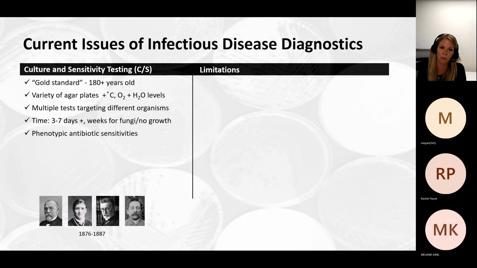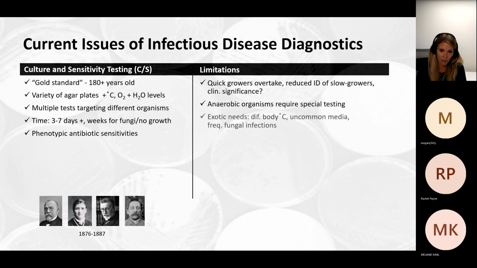The turnaround time depends on which organisms you're looking for and can be between 2 to 7 days. For fungi, it can take several weeks, and as I mentioned previously, some organisms do not grow in the lab at all. The great benefit, though, is that you have the ability to test for phenotypic antimicrobial resistances and sensitivities for the different antibiotics you have available, and you can determine the MIC.